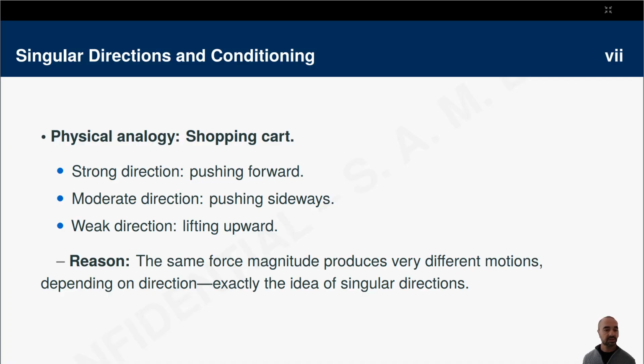Shopping cart example: a strong direction, meaning that if you push forward, then a moderate direction, pushing sideways, and then weak directions, lifting upwards. A shopping cart is an example of a MIMO system, in that they have some strong directions.